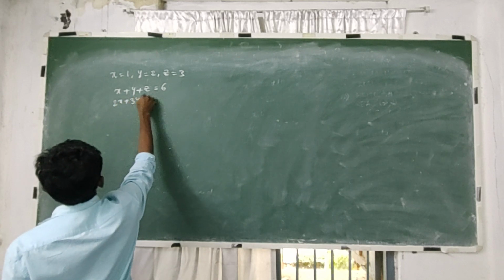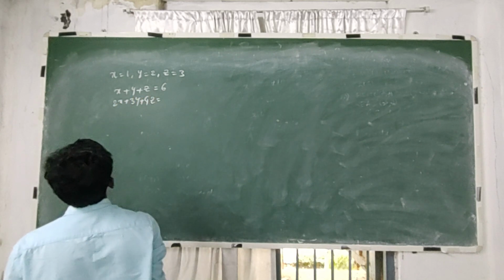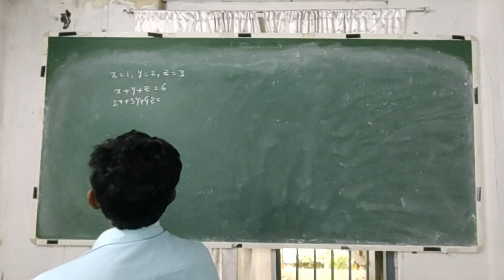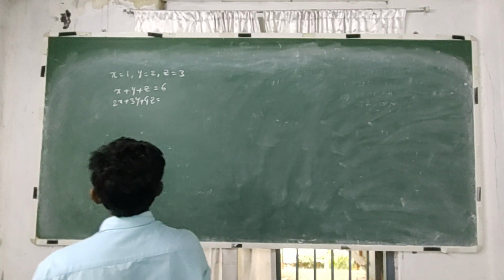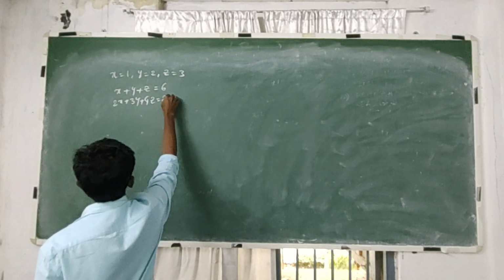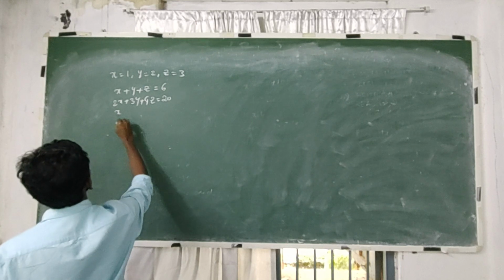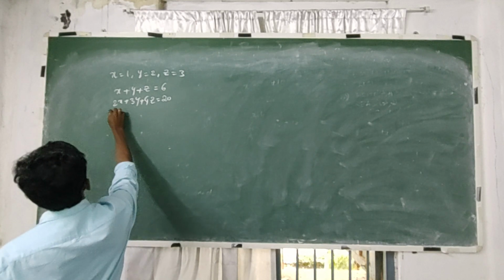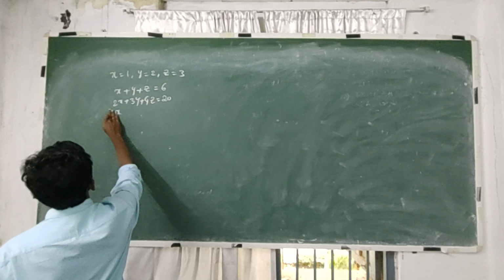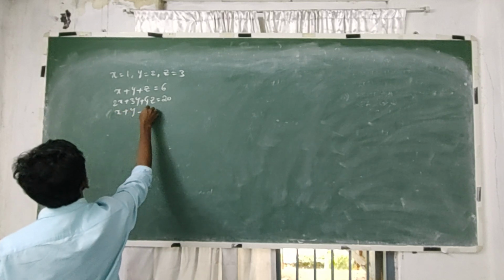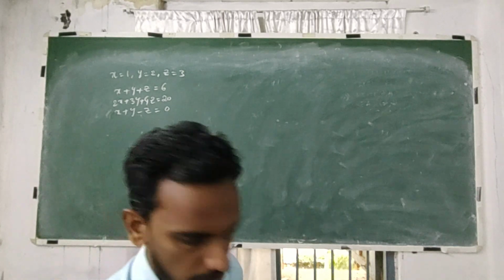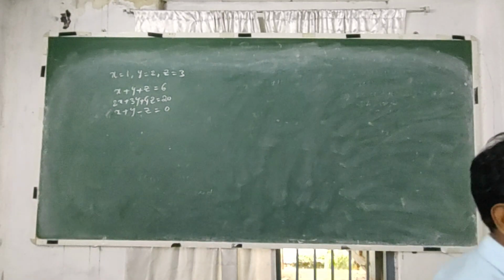2x plus 3y plus 4z, 2 plus 6, 8, 12, 20. x plus y minus z is 0.